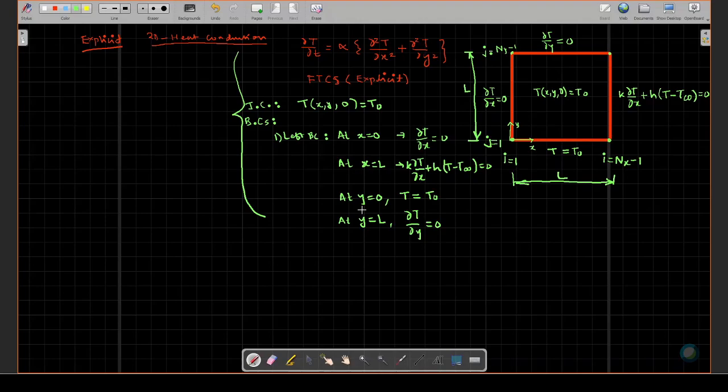So initially we'll calculate delta x. How can we calculate delta x?